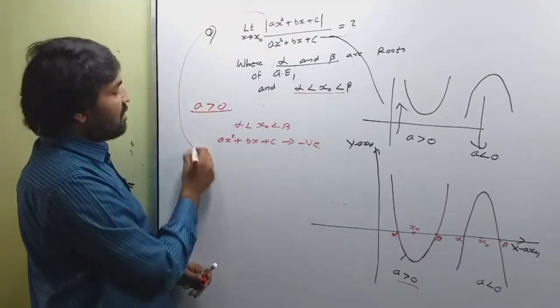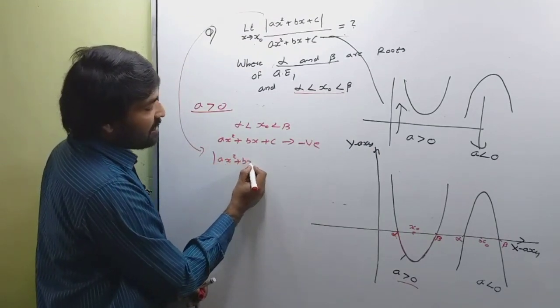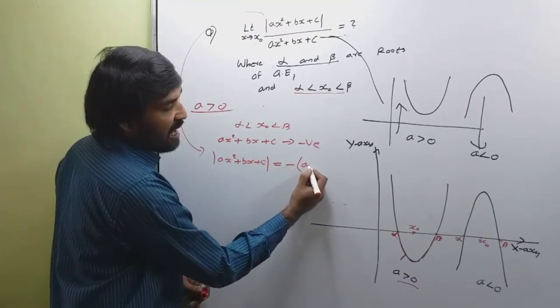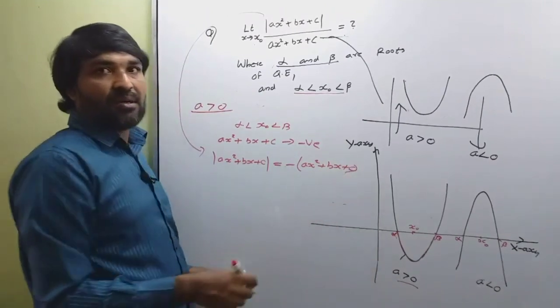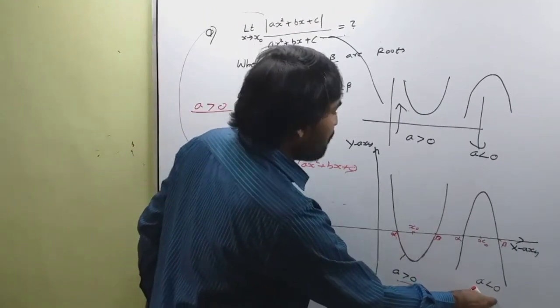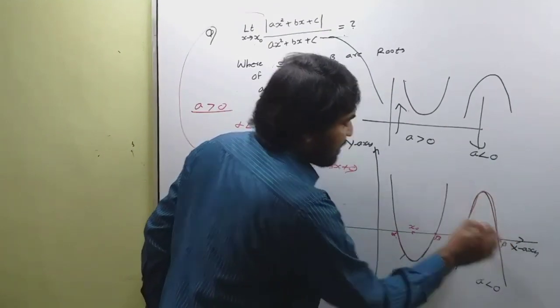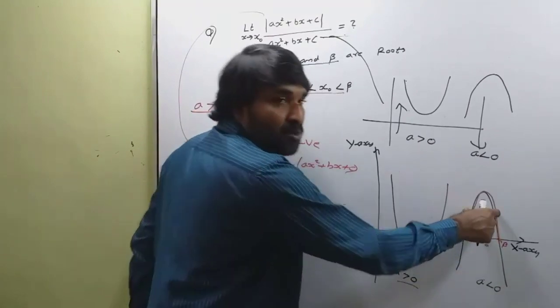So the modulus becomes mod of ax square plus bx plus c is equal to minus of ax square plus bx plus c. Okay. For a less than 0, this graph is positive, that is along the positive y-axis. So in this region, the graph is positive.